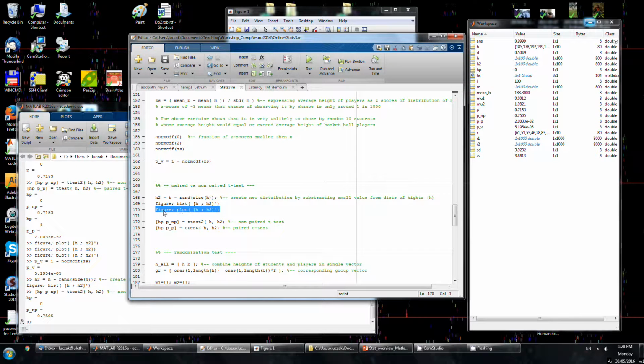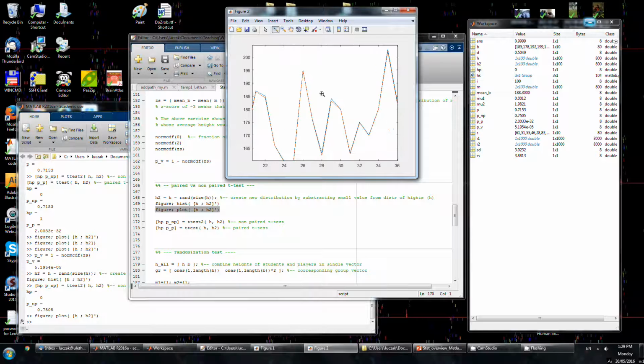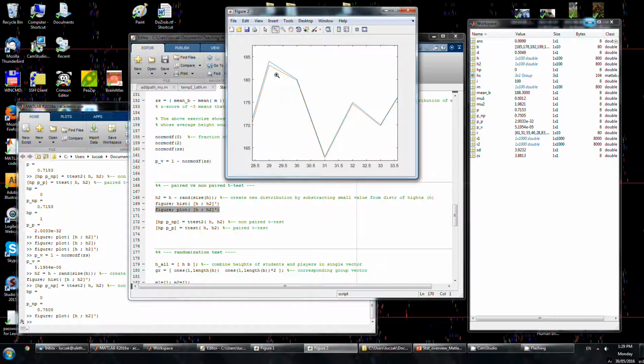But let's plot these two data sets in a little bit different way. Here we have the value of height for each of those 100 people, and if we zoom in, you can see that there are two lines, blue and red.